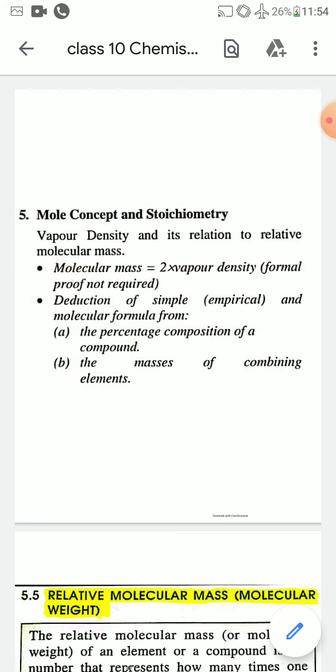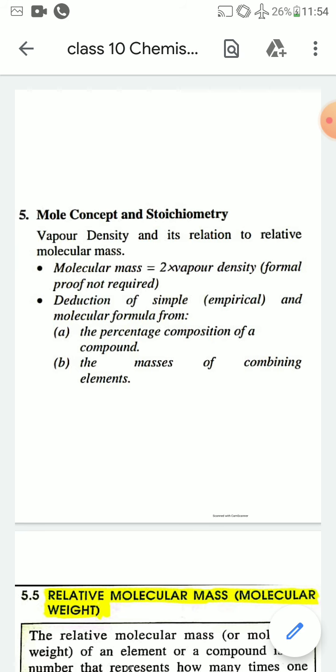Okay, and you have to read about vapor density and its relation to relative molecular mass, and the relation is molecular mass is equal to 2 into vapor density. Proof not required.